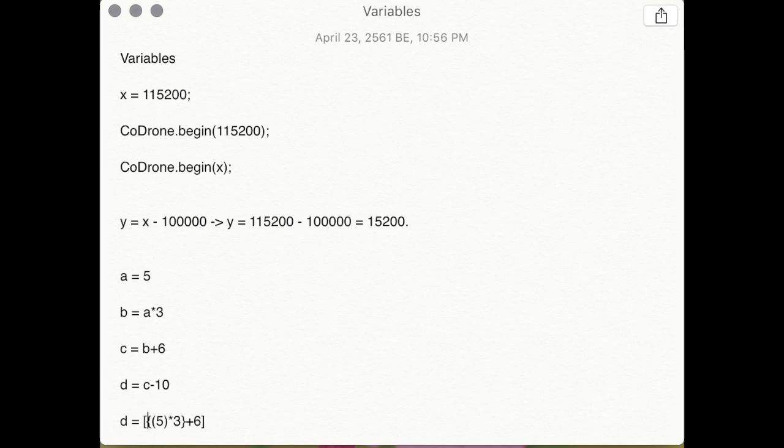Alright, so it should look something like this, and then minus 10. So this code is just for C.